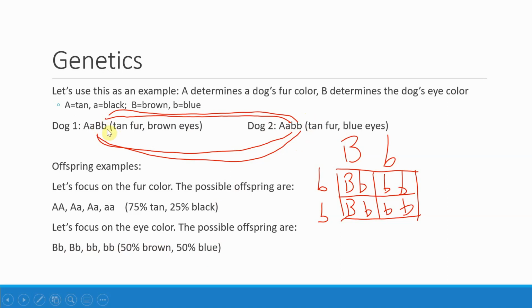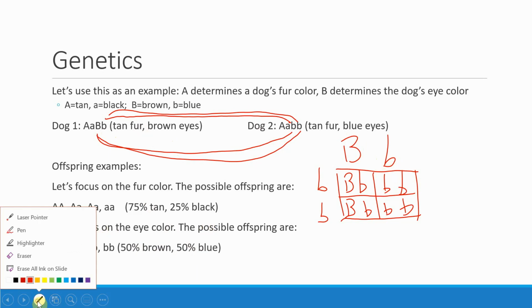Not true. Because of the way recessive works, it actually turns out to only be 50-50. So make sure if they ask for a percentage like that, you do the math by drawing out your combinations or drawing out your Punnett square so you can figure out what you would actually get.